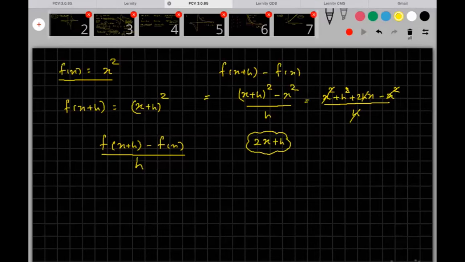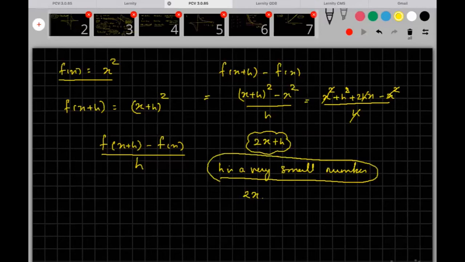Now if I further say that h is a very small number, now I can say it is equal to 2 times x. Now mathematicians don't want to write in words. They want to have symbols for everything.